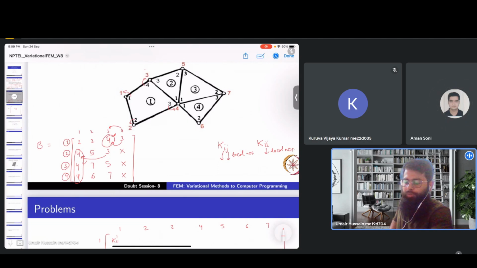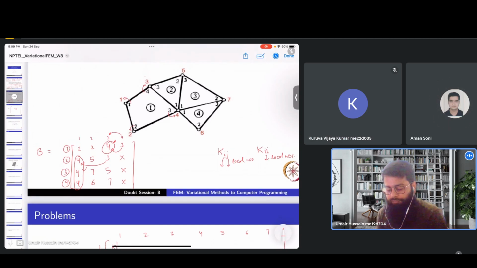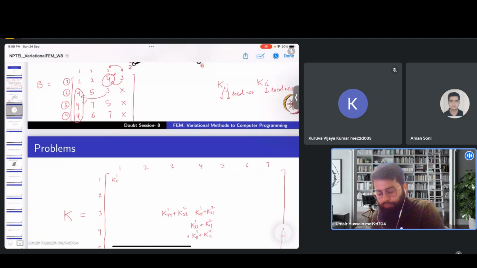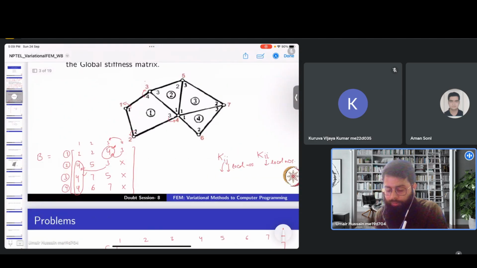So usually in a simple problem with normal symmetry, we will see the entries of the diagonals, like we have 1 6 here. So what should be the entry for 1 6 here?